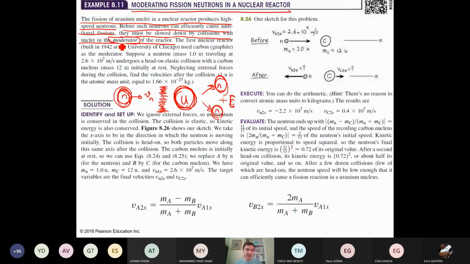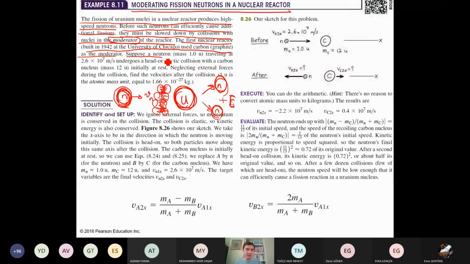The first nuclear reactor, built in 1942 at the University of Chicago, used carbon graphite as the moderator. Here you use many carbon atoms, and these neutrons will collide with carbon atoms and lose some part of their initial energies, initial velocities.